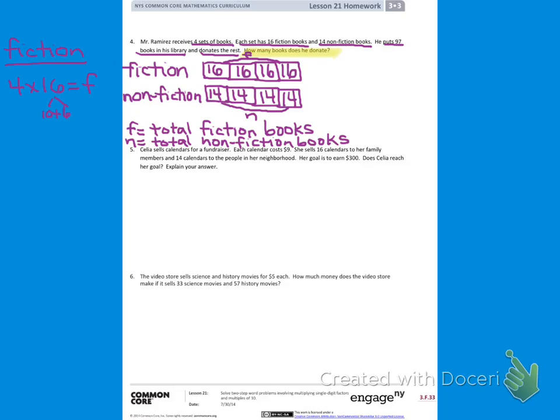So now I will go ahead and use the distributive property of multiplication and write out my equation this way. 4 times 10 plus 4 times 6 equals F. I know that 4 times 10 is 40.